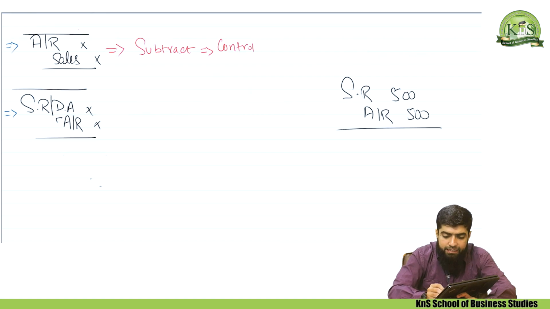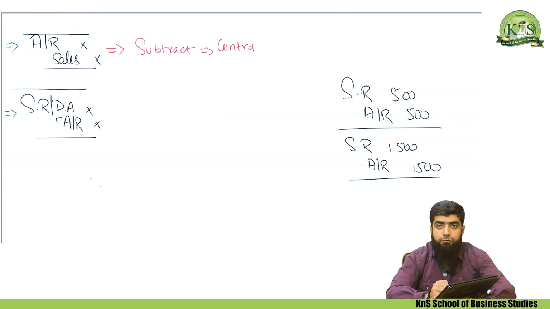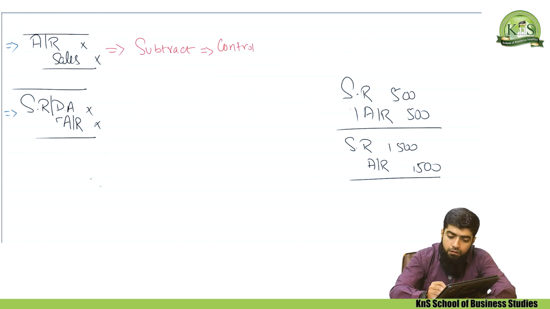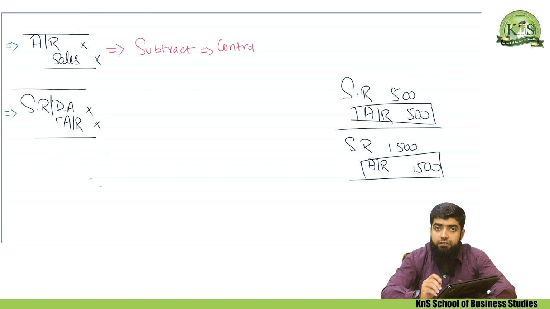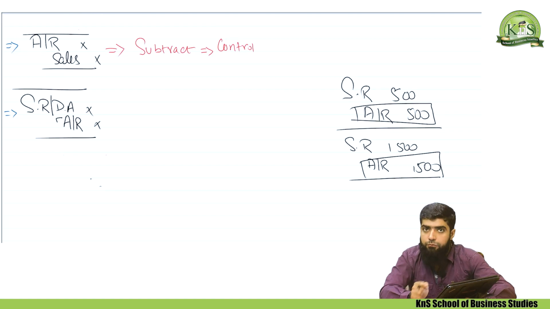But if the amount was recorded as 1500, accounts receivable should have been credited with 500, although the accountant credited the receivable with 1500.